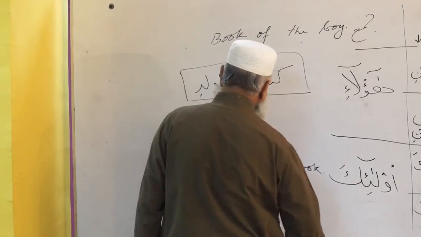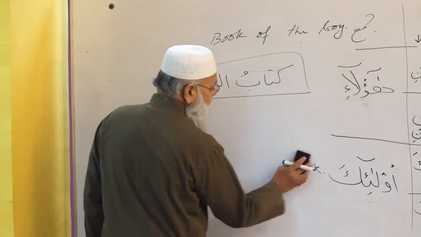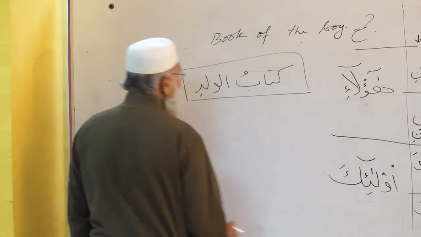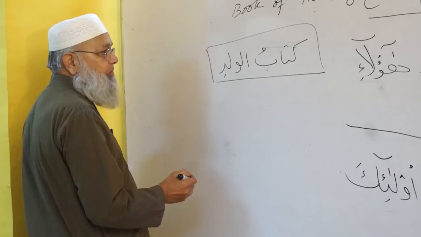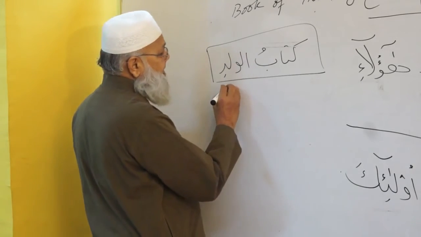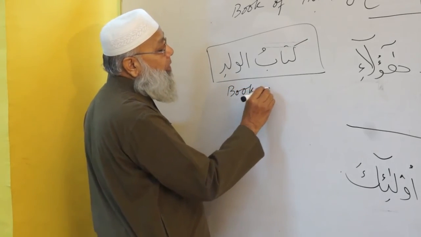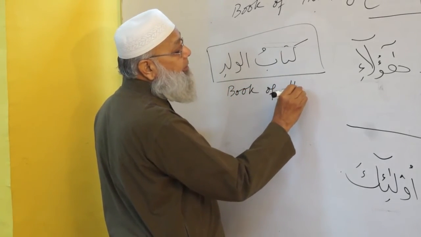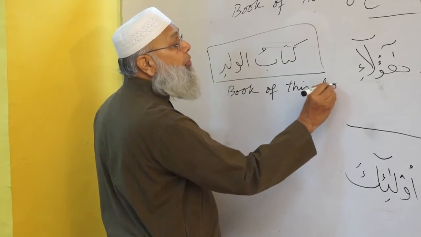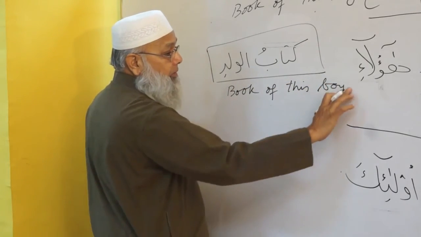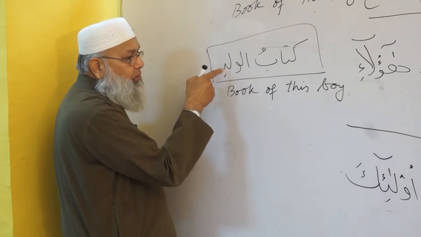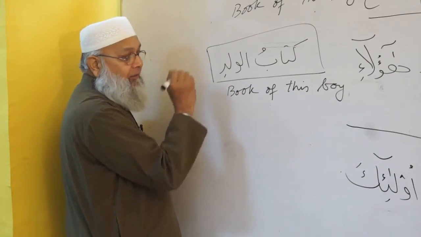Now different possibilities. Kitabul Waladi. First of all, if you have to point to the walad, what will be the construction? That is, book of this boy. That means you want to point out to the boy. What will be the construction?